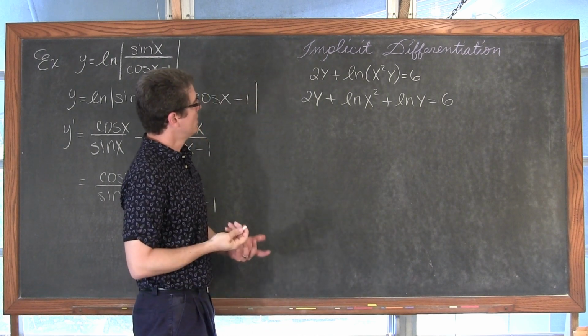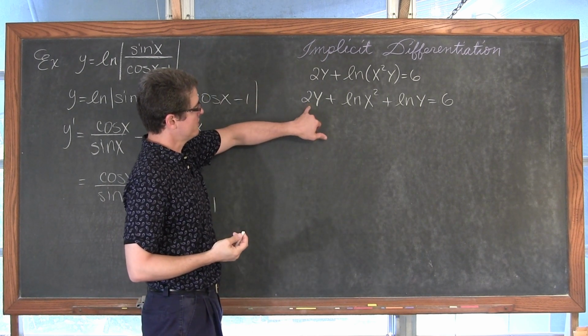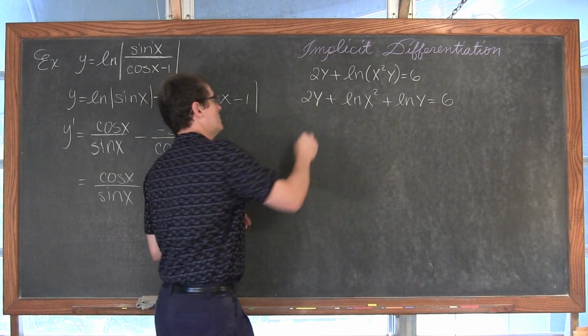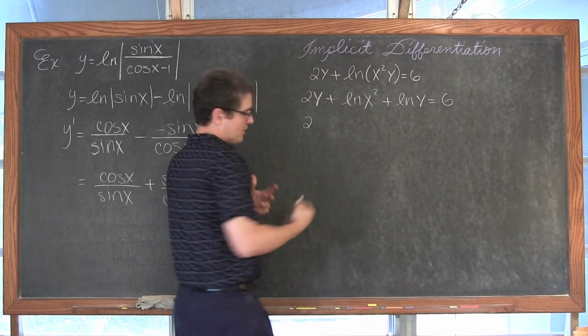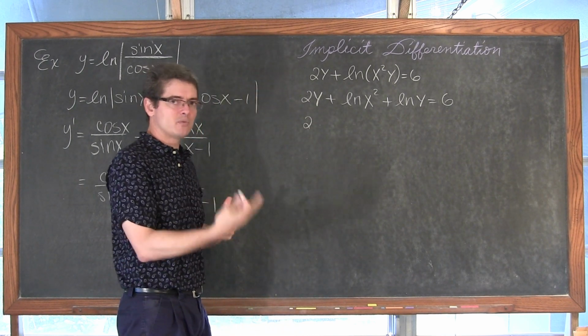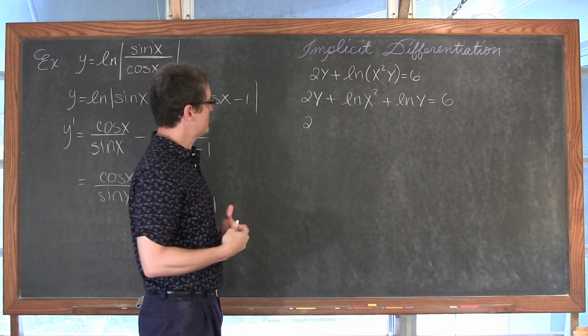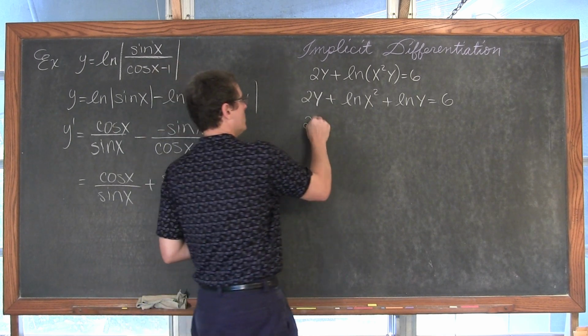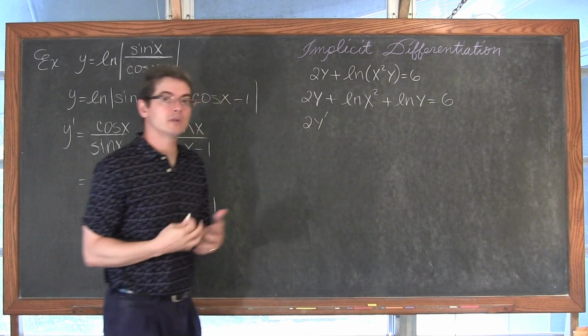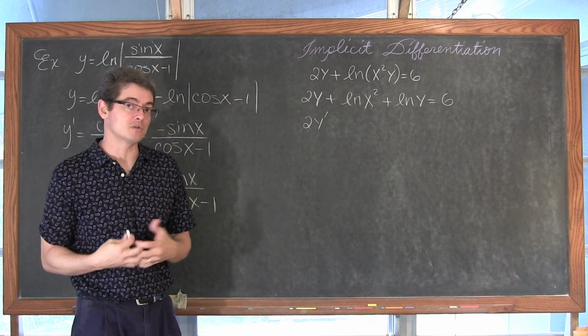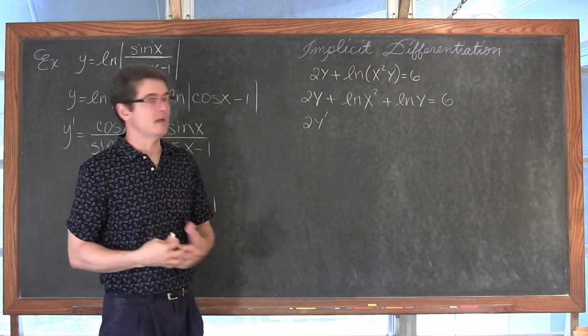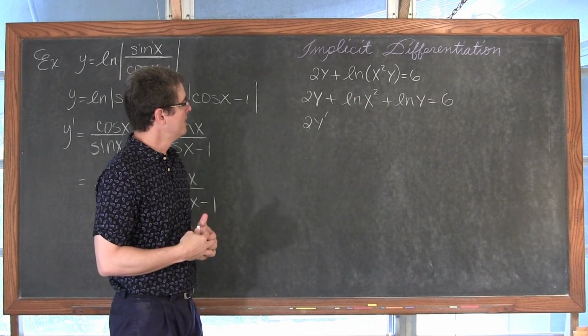Working through this now, the derivative of 2y with respect to x is going to be 2, and normally it would just be 2, like the derivative of 2x would be 2, but again with implicit differentiation we have 2y prime because we're finding the derivative with respect to x. It'd be dy over dx, which we can write as y prime.